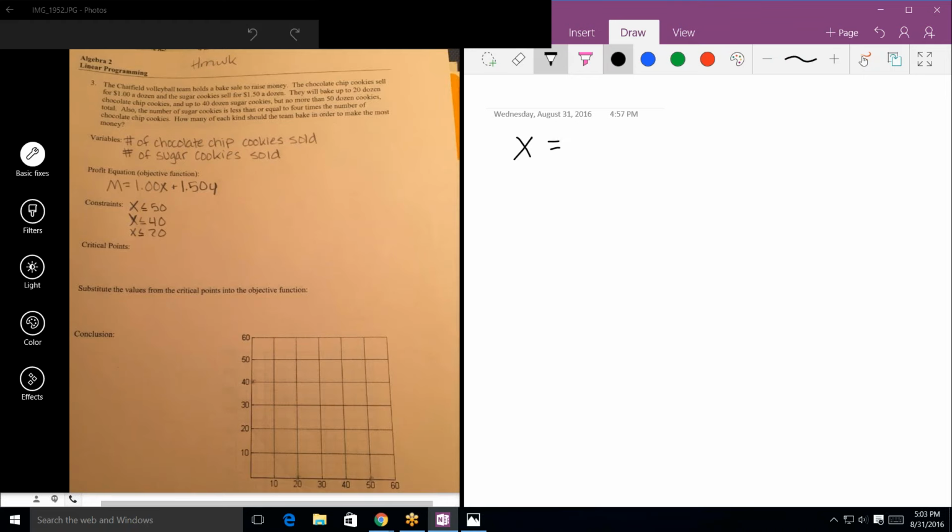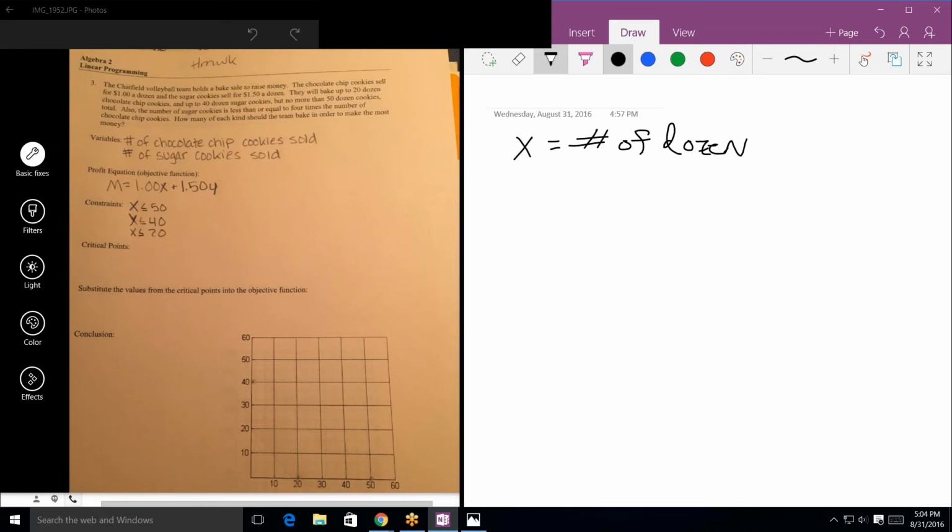Now, is this the number of chocolate chip cookies sold? Isn't it the number of dozen? In other words, if we're going to give a revenue of $1, then X has to be the number of dozen. Everything's in dozens, which is 12.